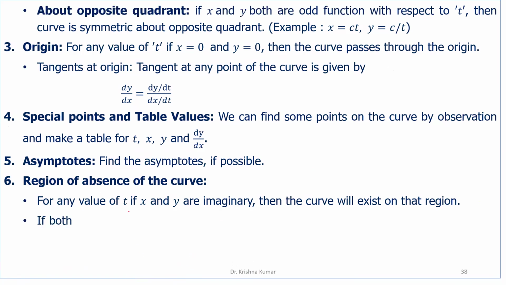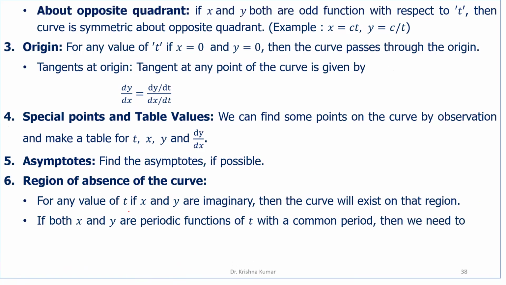And the second one is if both x and y are periodic functions of t with a common period, then we need to study the position of the curve for one period only. Suppose cos t and sin t are periodic functions, so we only have to check for one period. No need to check for the remaining terms.